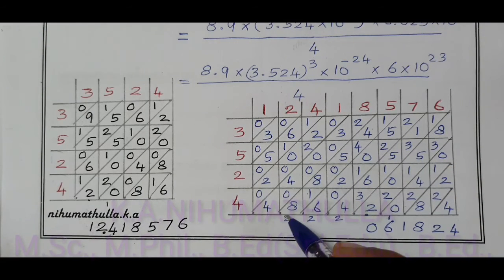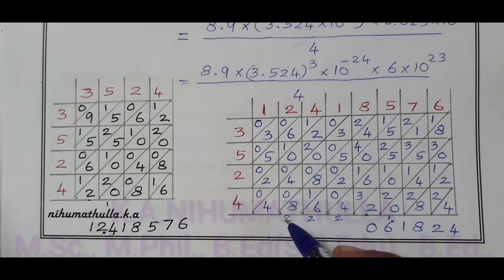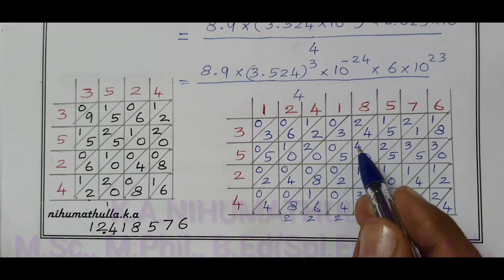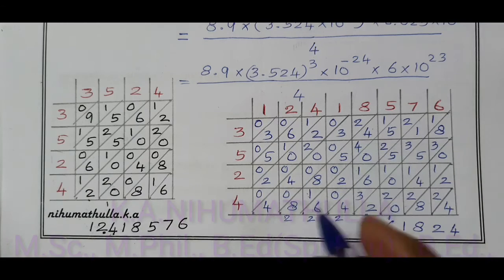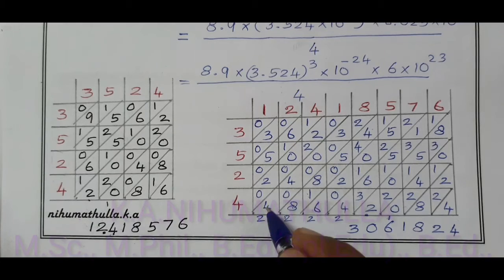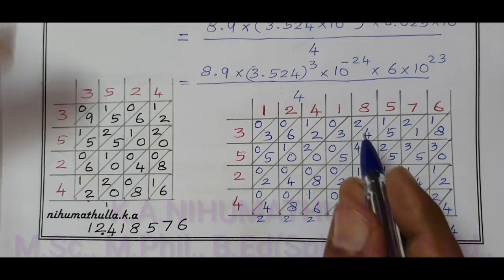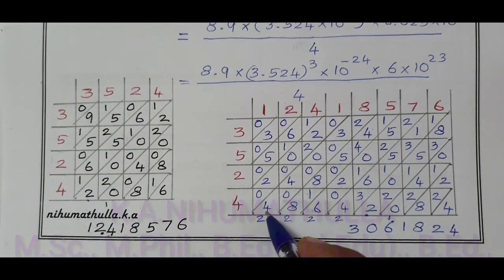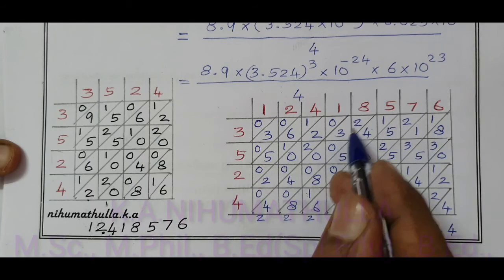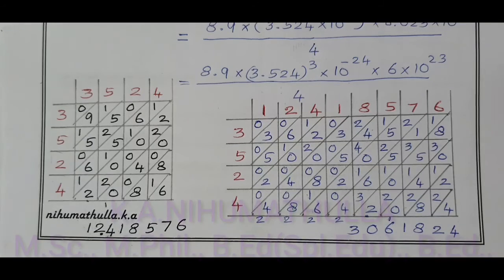So 2, 8, 9, 2 plus 8 equal to 10, 11, 19, 14, 18, 22 plus 1 equal to 23. Remaining 2 we have. Here 6, 10, 15. 2 plus 4 equal to 6, 10, 13 plus 2 equal to 15. Here 15.